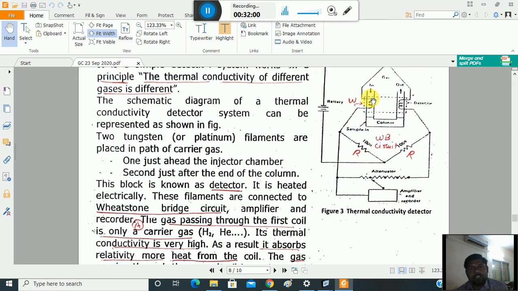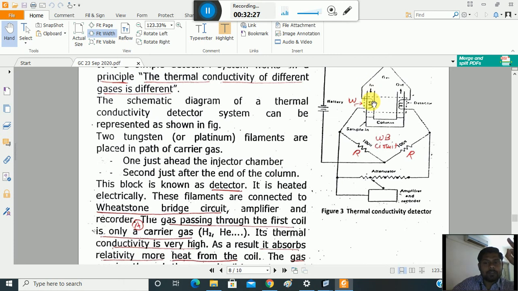Why? Because it was set at 100 degrees, and 80 degrees is absorbed by the pure gas. So now the temperature of the column is only 20 degrees. But in the second case, you raise the temperature of the column to 100 degrees, and now pass the mixture of carrier gas and sample, not pure gas.